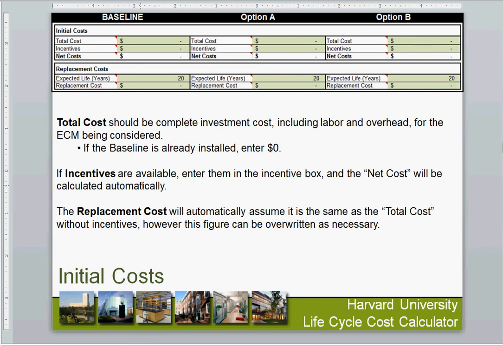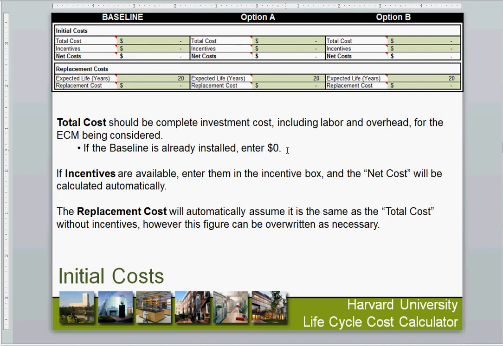If incentives are available, you want to enter them in the incentive box, which will create a net cost for the initial project. For those, we have a green revolving loan fund at Harvard, and people are required to use this calculator for their analysis, and they're also required to investigate if incentives are available.